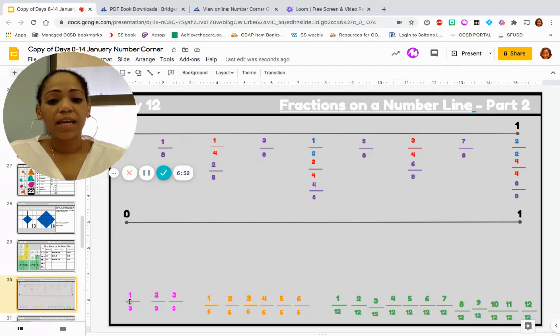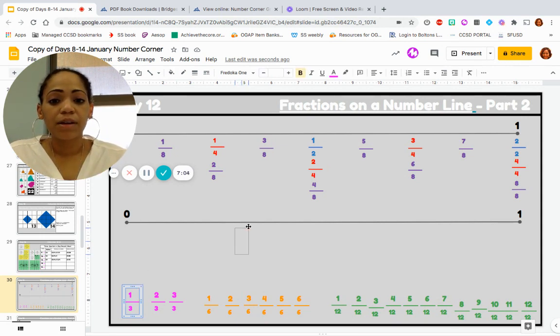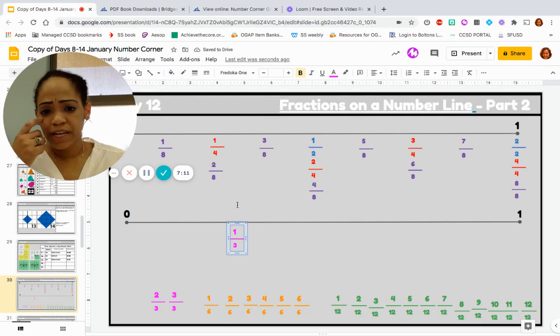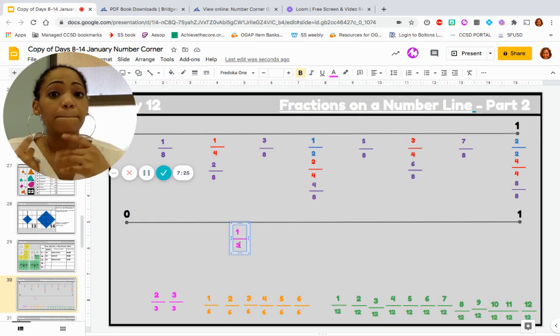So we need to have 3 spaces on the number line for us to have separated our number line into thirds. So I'm going to take my third and I'm going to move it about, let's say, right here, because we also know that a third is bigger than 1/4. The more pieces you cut it up into, the smaller your pieces are going to be. So if I want to share with somebody, if I had to choose, I would definitely choose to share with 3 people rather than 4 people, because that means I'm going to get more.